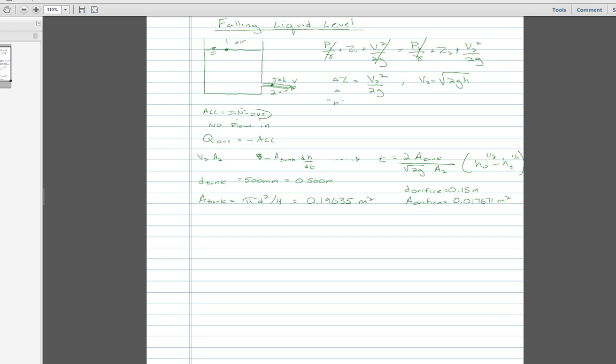If we now take a look at the amount of time it's going to take to fall, 2 times the tank area, 0.19635 meters squared, divided by the square root of 2g, where g is, for SI units, 9.81 meters per second squared, and we put in the area of the orifice.